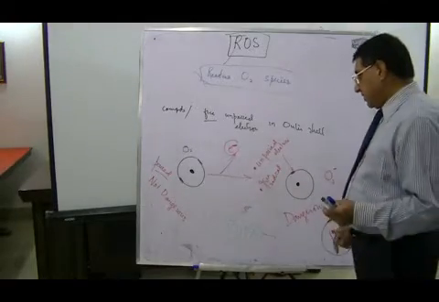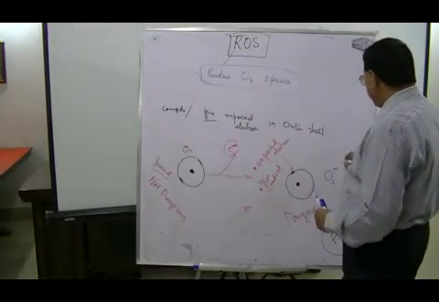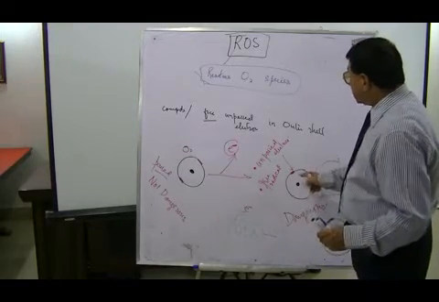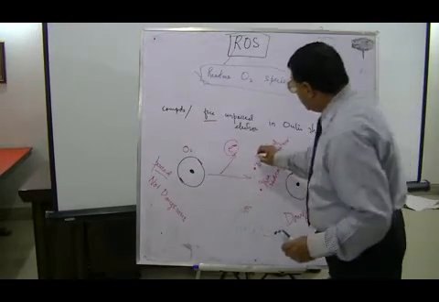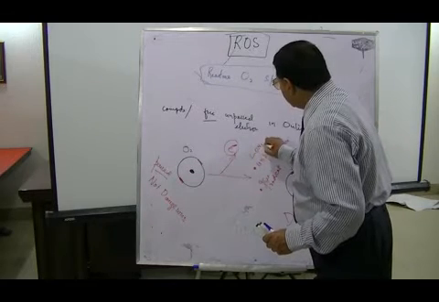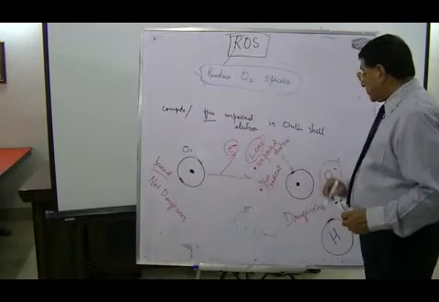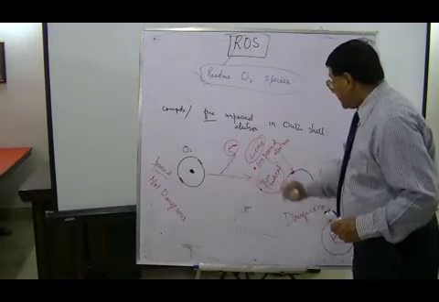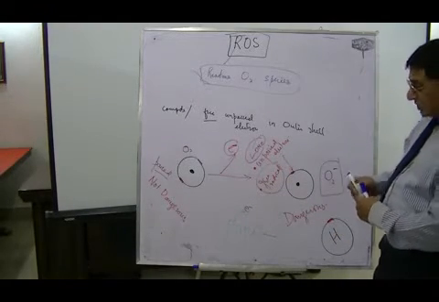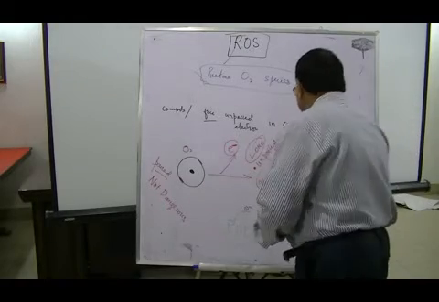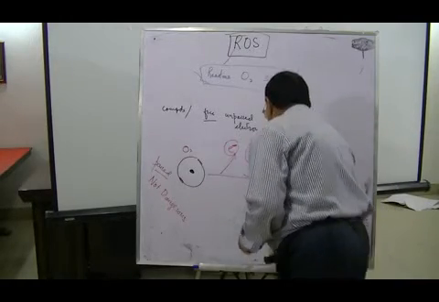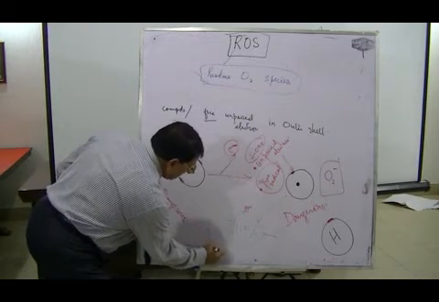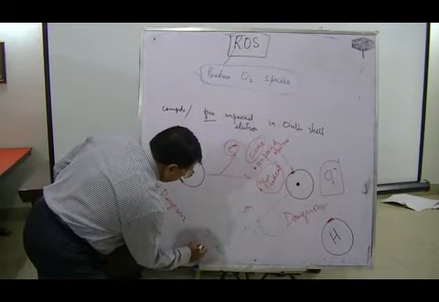But if one of the electrons is taken away from the outermost shell, this lone, single unpaired electron forms a free radical that is dangerous, and this one usually attacks PUFAs of the phospholipids of the cell membranes.